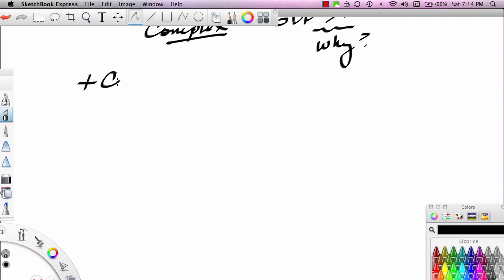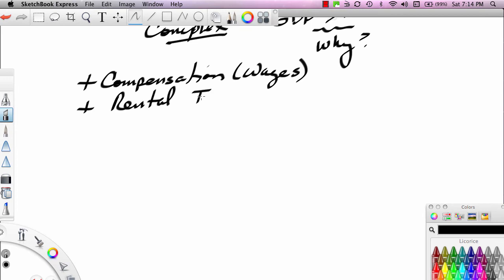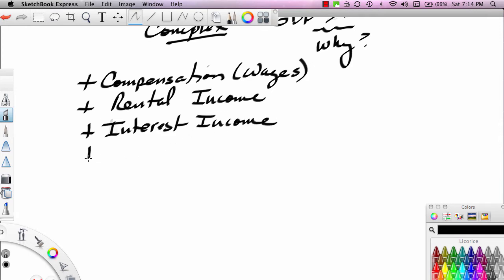If you take the compensation paid to workers, which up to this point we have been calling wages, you add it to rental income, you add it to interest income, and you add to that two types of profit really, proprietors' profit or income.